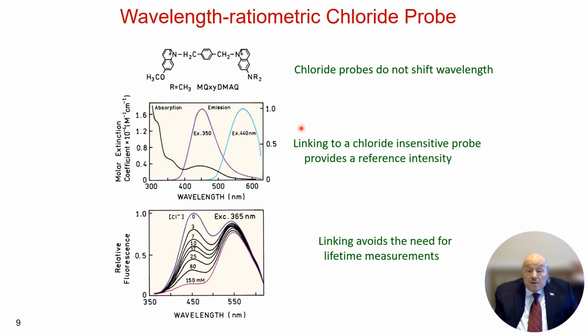In this particular case, the fluorescent part, the chloride center, was covalently linked to another probe that was not sensitive to chloride. And then when you look at the effects of chloride on that probe, you'll see the quenching effect on the chloride sensitive part, and the other part of the probe is your reference.